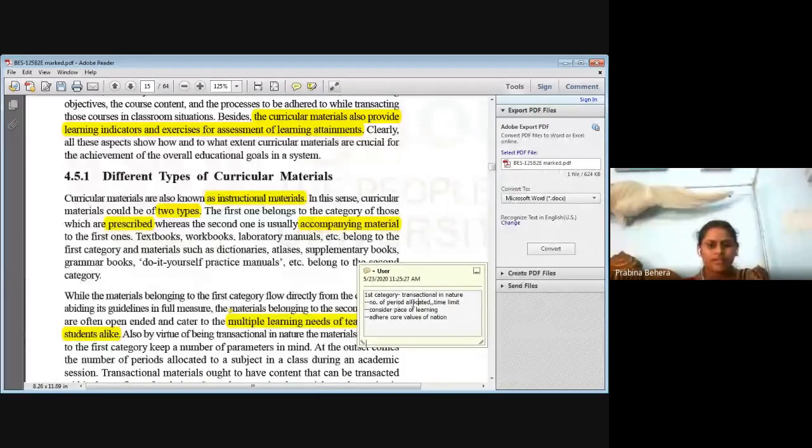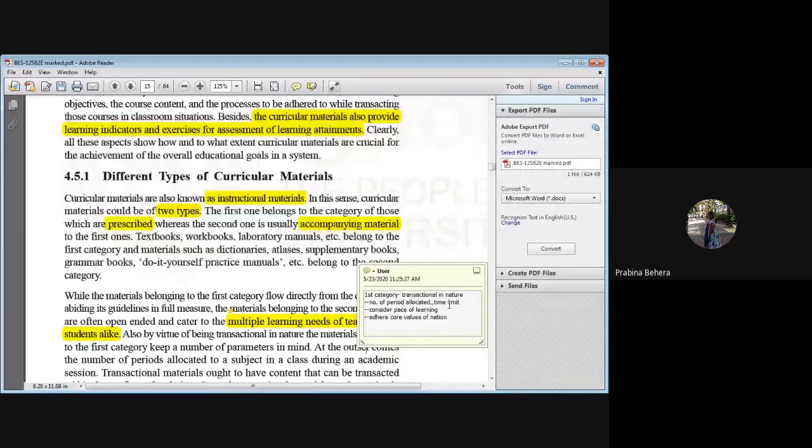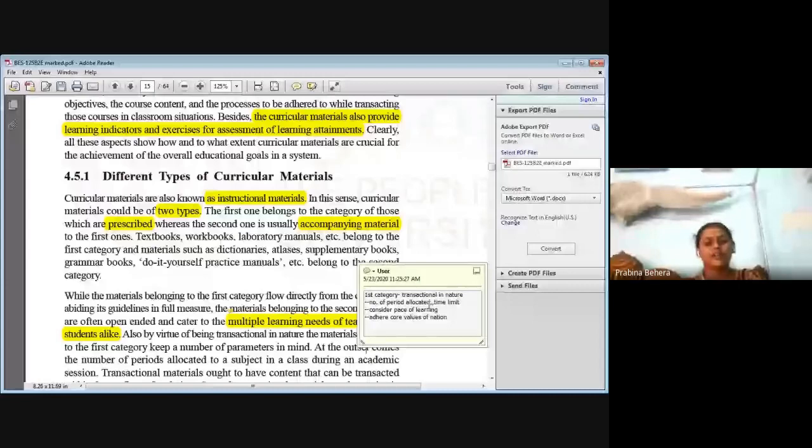So I have just to point out the characteristics of the first category of curricular material. It is transactional in nature. That is our textbook material, which is very much interacted with in the teaching learning process by the teacher. It has a number of periods allotted and a specific time limit, and it considers the pace of learning.